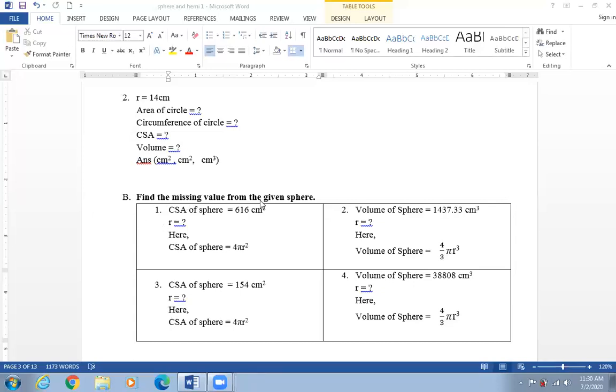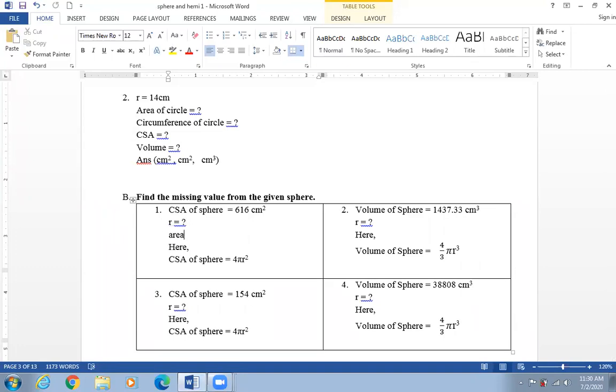So find the missing value from the given sphere. CSA of sphere is given 616 square centimeter. Find the radius. Otherwise, the question may be asked: find the area. So before finding the area, we need radius. Let us write on the question like this: area of circle equals to question mark.